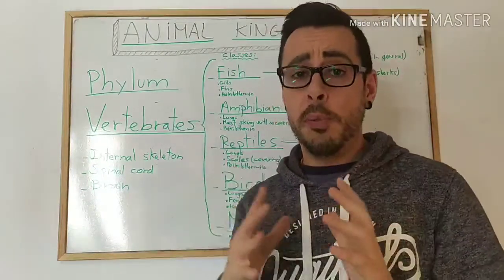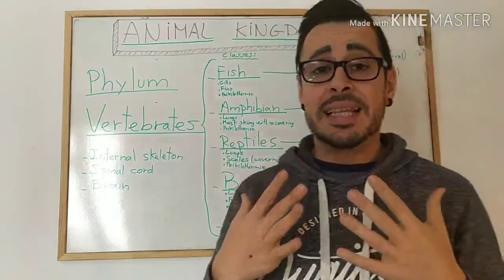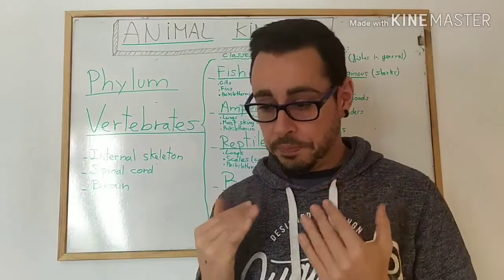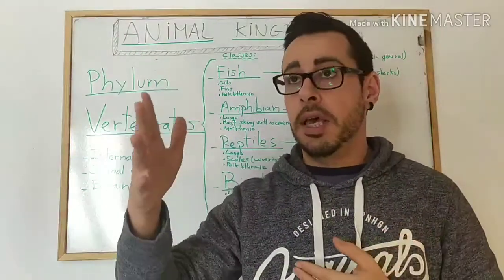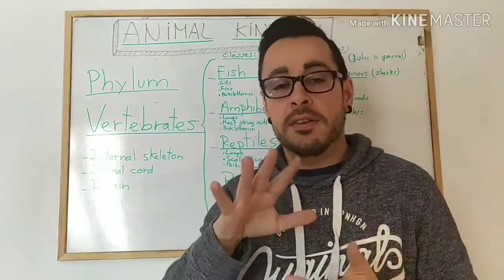Humans are homeothermic. Homeothermic, okay, means that we always have the same temperature. So, when outside is 10 degrees, our temperature is 36, 37 degrees.